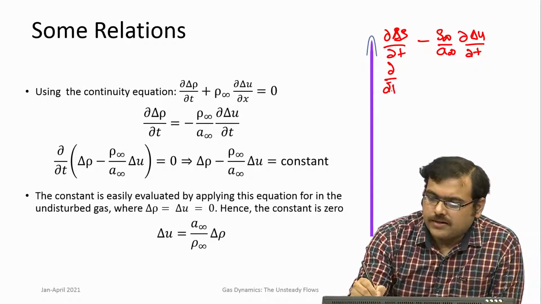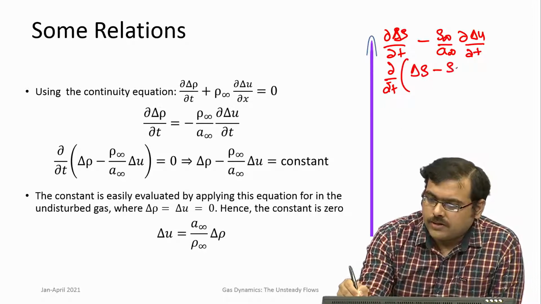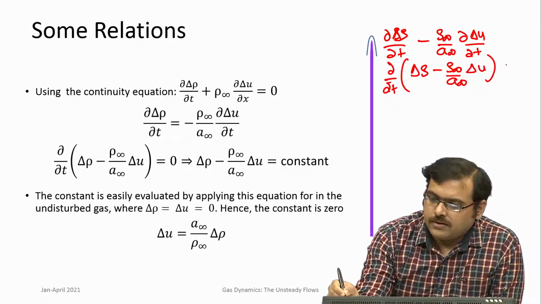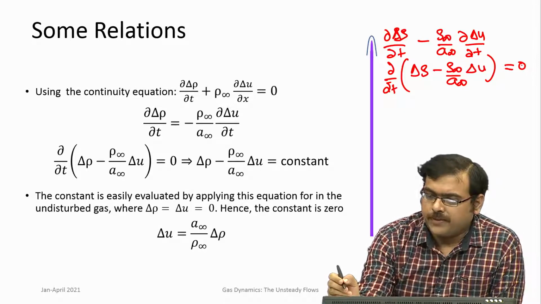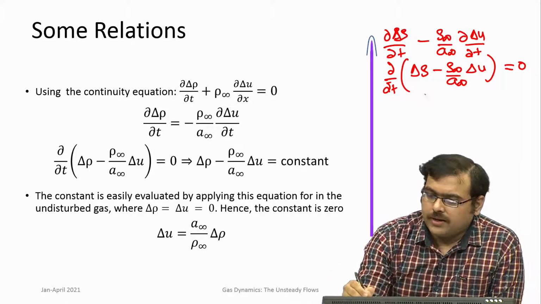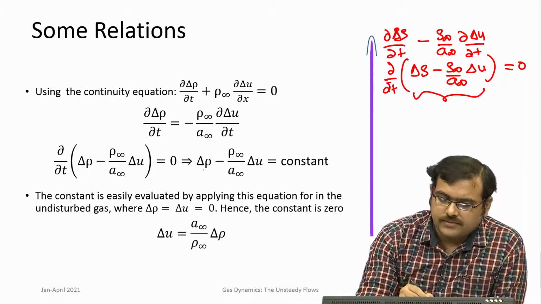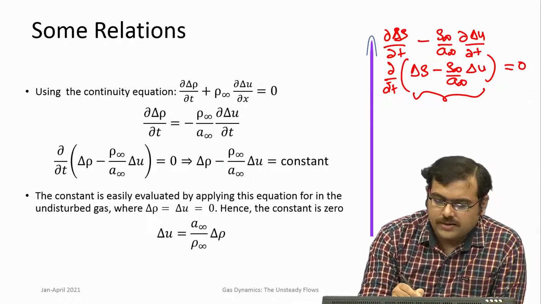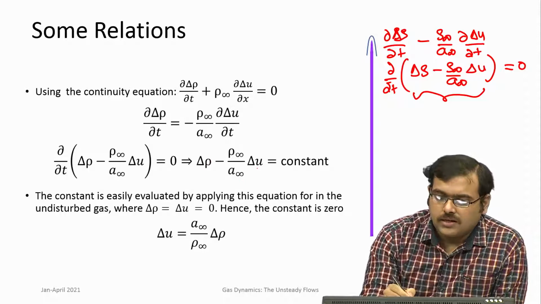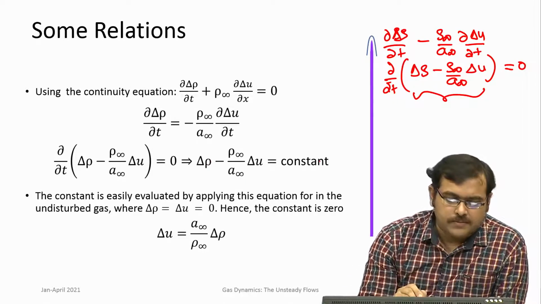This can be taken together. Rho infinity and a infinity are constants for this problem, so this is equal to 0. This implies that delta rho minus rho infinity by a infinity delta u is equal to a constant.